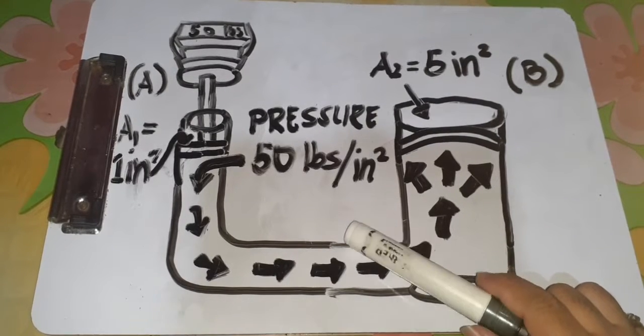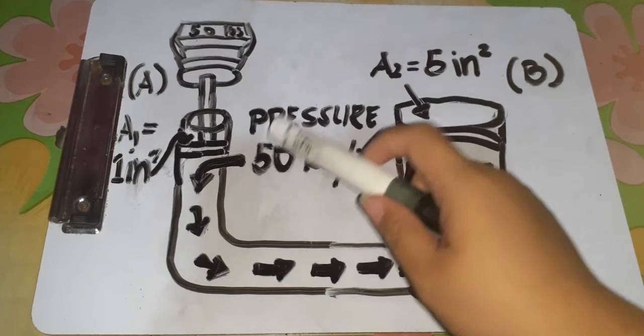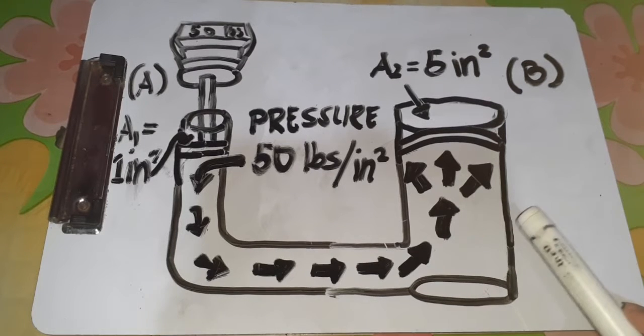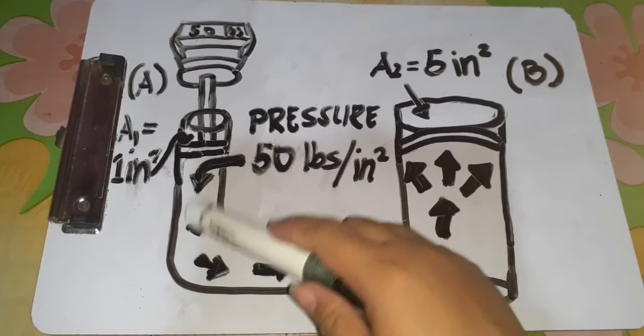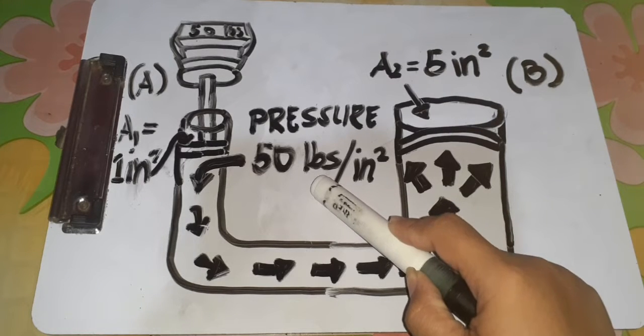So this pressure of 50 pounds per inch squared, as Pascal's law states, is transmitted undiminished through the system and acts on all portions of the interior of the containing wall. In actual practice, the input piston with the 50 pounds weight on it would move down and displace oil, which would move the output piston up.